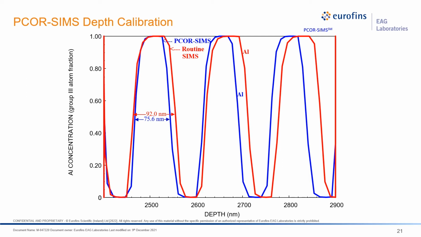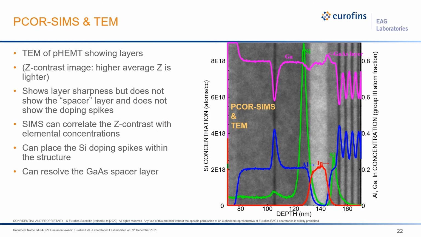But as with the intensity calibration, we need to confirm these layer thicknesses to be accurate. Our rule of thumb or metric for layer thickness accuracy is transmission electron microscopy. Let's do an overlay of a pHEMT structure that's calibrated using PCOR-SIMS, and then the same sample measured by TEM.